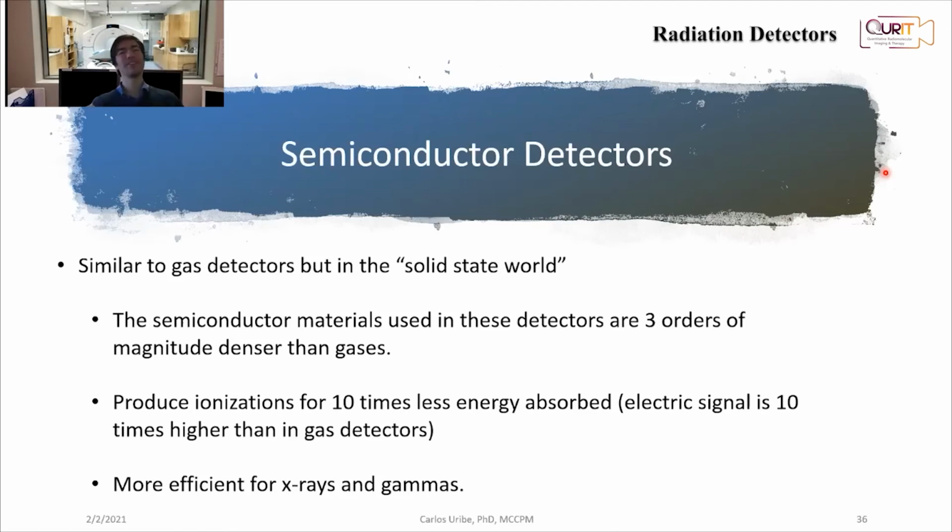Now this is solid, these are solid detectors, so they are about 3 orders of magnitude denser than gases. Because they are denser, they can produce ionizations for 10 times less energy. So the electric signal that you can measure becomes basically 10 times higher than in gas detectors. Now they start becoming more efficient for X-rays and gammas, which was the limitation of all those gas detectors that we discussed a moment ago.